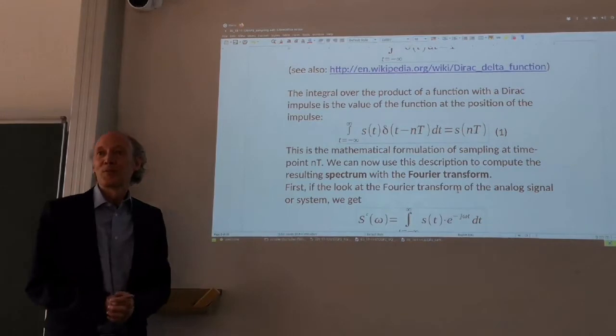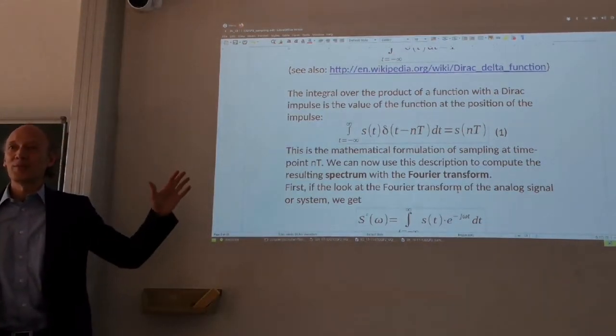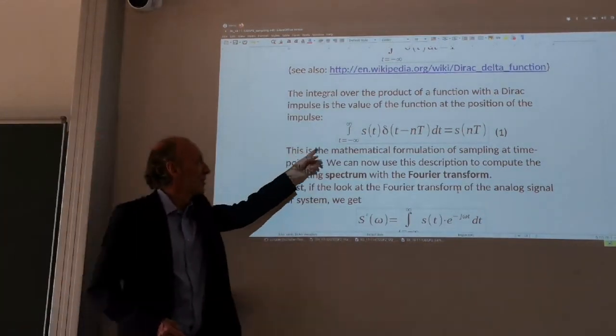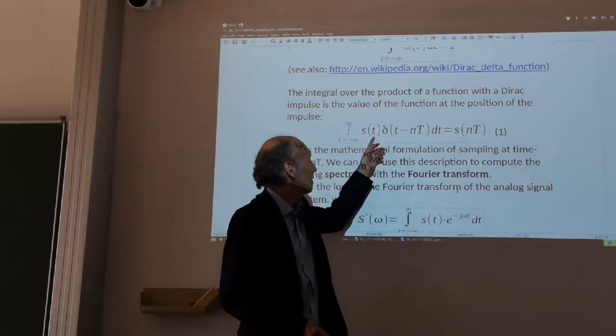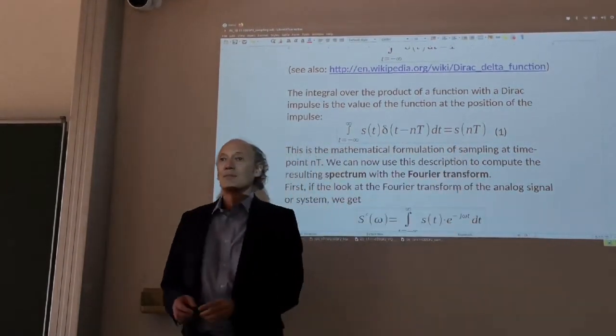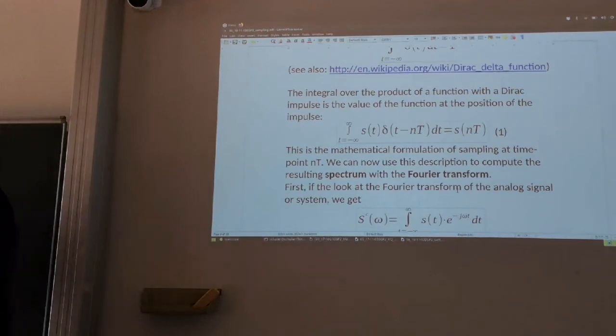Right? So in this way, we did our sampling, which means this is our sampler. It sampled our signal at position nT. Mathematically, very easy to formulate sampling in this way.